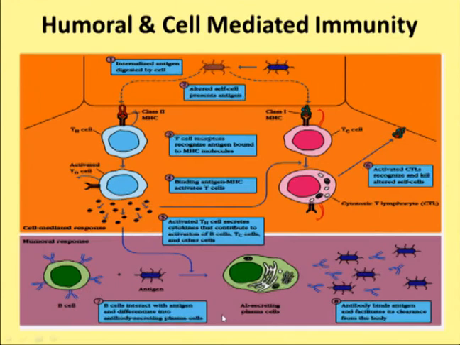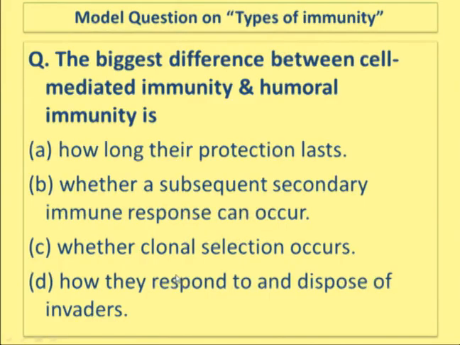So there are two kinds of immunoglobulin molecules, one present on the surface of B cell, and those present as secretory molecules. These are secretory antibodies, these are membrane bound antibodies. Now we see certain examples.